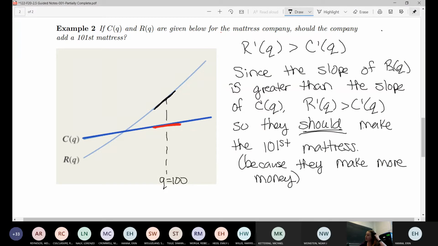And we know that they make more money because essentially we've just found an equivalent way of finding that the marginal profit was positive. If the marginal profit is positive, that means they're making more money than they did before, so it would make sense for them to make that extra mattress.